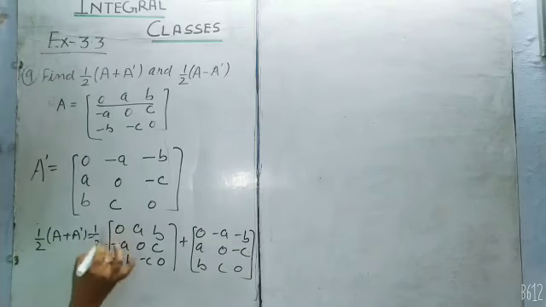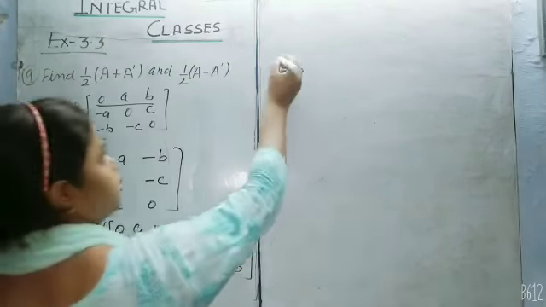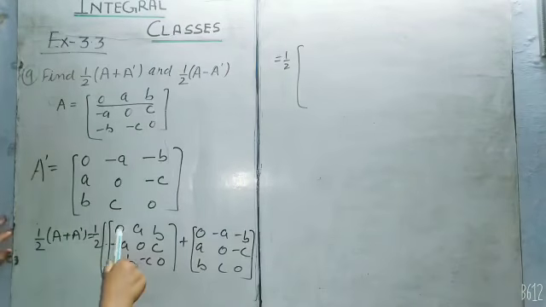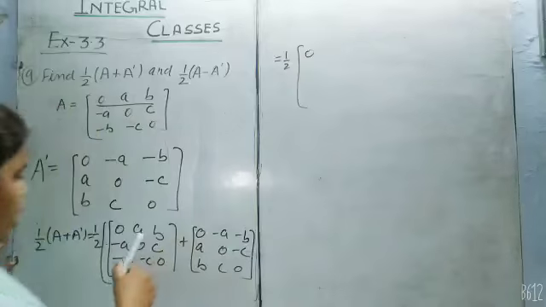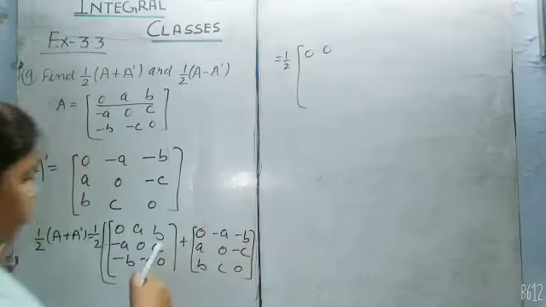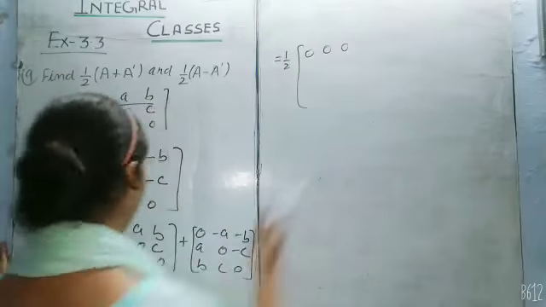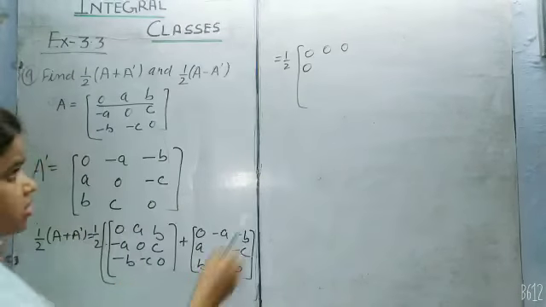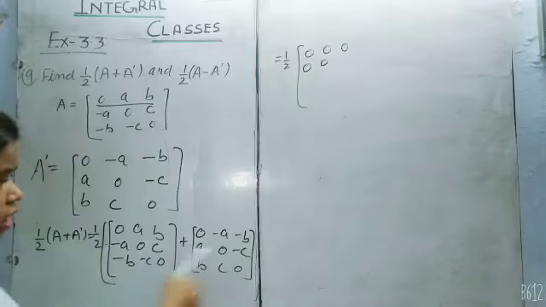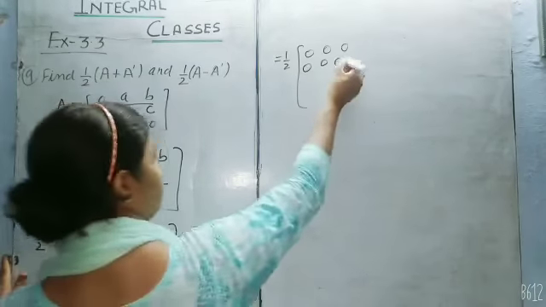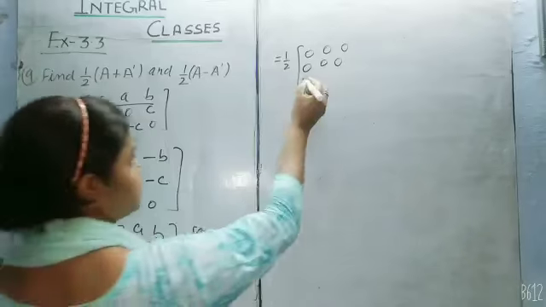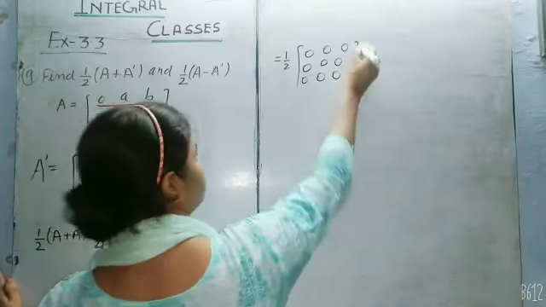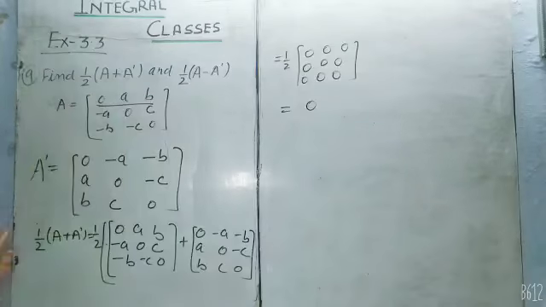Okay. Now firstly we will add them. We add corresponding elements. 0 plus 0, 0. A minus A, 0. B minus B, 0. Minus A plus A, 0. 0 plus 0, 0. C minus C, 0. Minus B plus B, 0. Minus C plus C, 0 and 0. So we get the answer 0.